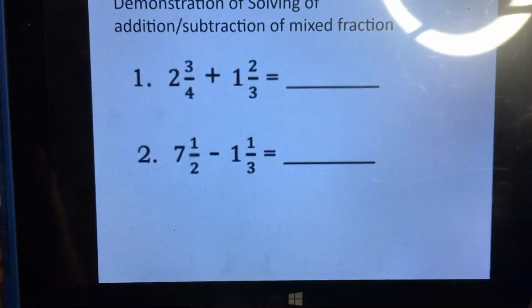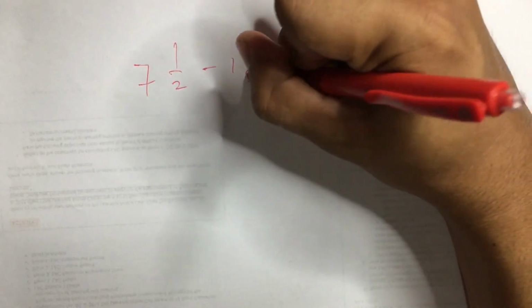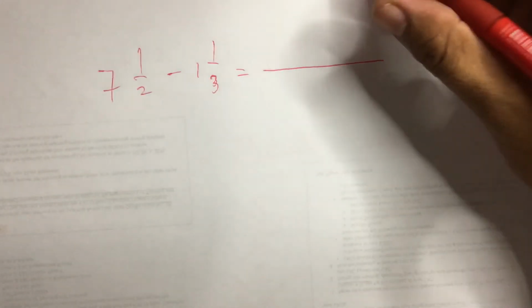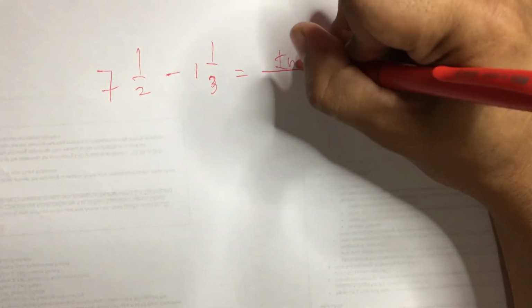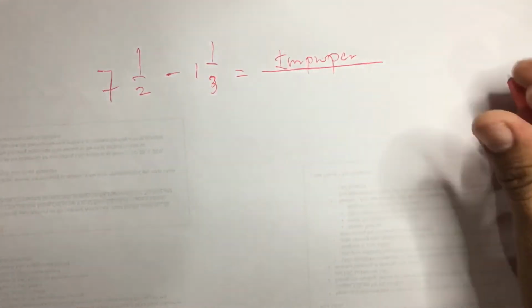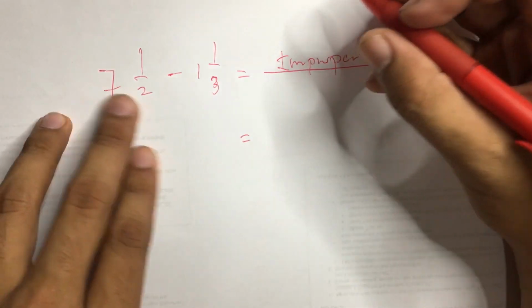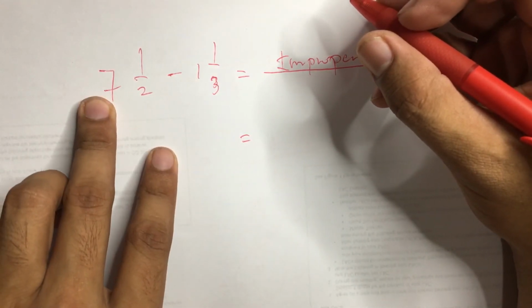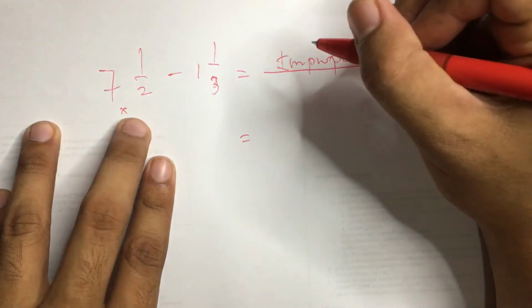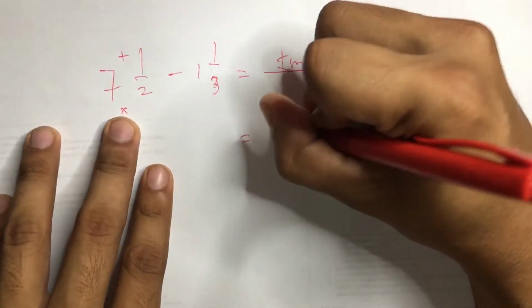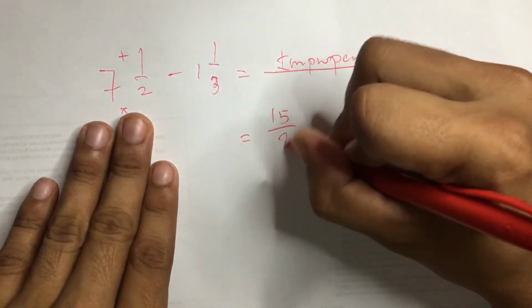Let's proceed with the third example. The third example is 7 and 1/2 minus 1 and 1/3. Again, the first step is to transform these into improper fractions. 7 and 1/2: 2 times 7 is 14, plus 1 is 15, over, copy the denominator 2.